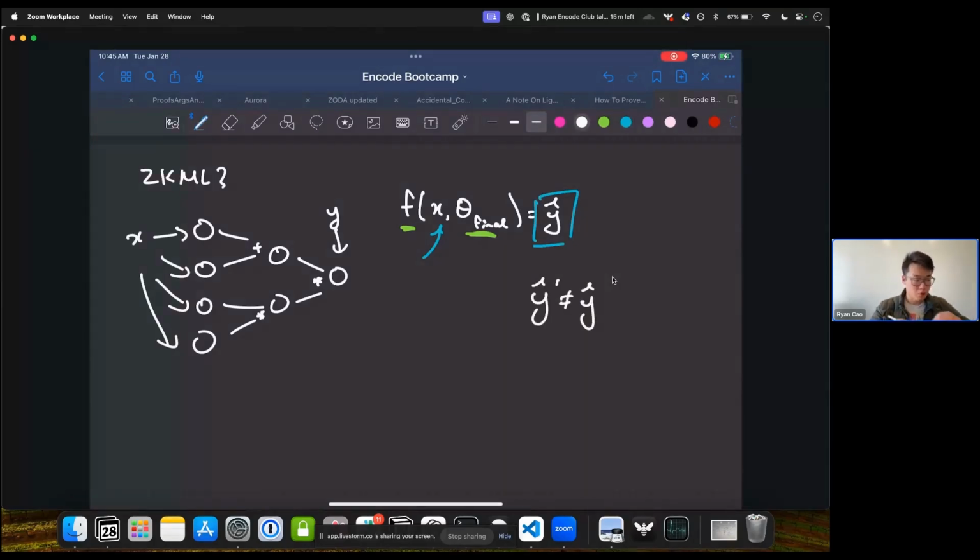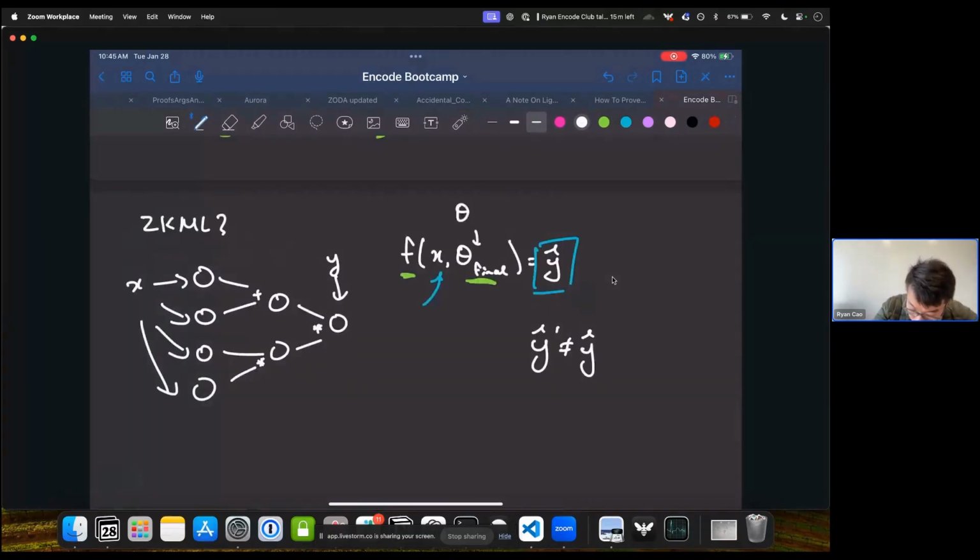So in other words, we're trying to show that the person running the machine learning model did so in the correct manner, with model integrity, quote unquote. So they didn't, for example, replace theta final with theta final prime, which doesn't equal theta final, and therefore got a different result than theta final.